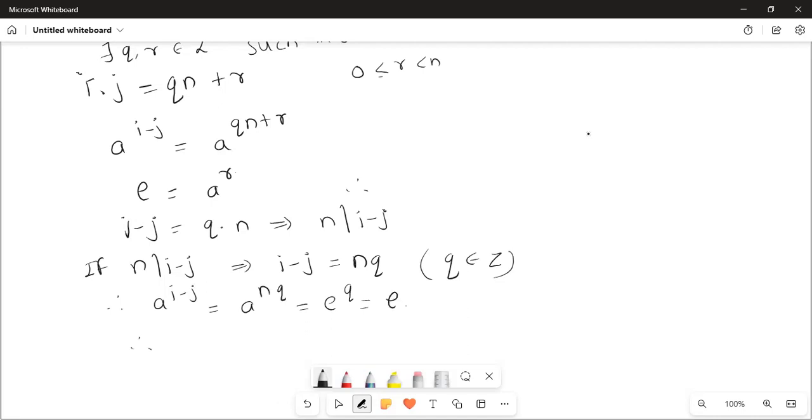And therefore the value of e is 1, a^i = a^j comes. Hence proof.